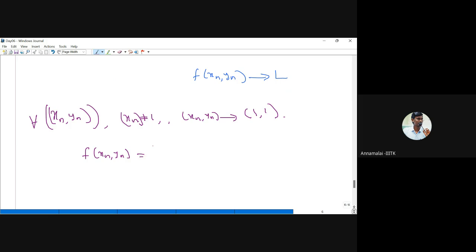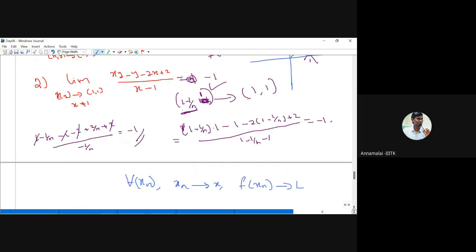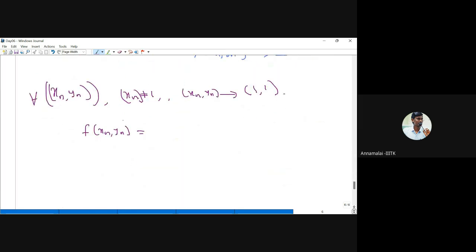So what is f of x comma y? xy minus y minus 2x plus 2 by x minus 1. So you can use the algebra of limits and then find the limit. So therefore xn yn minus yn minus 2xn plus 2 divided by xn minus 1. Okay.